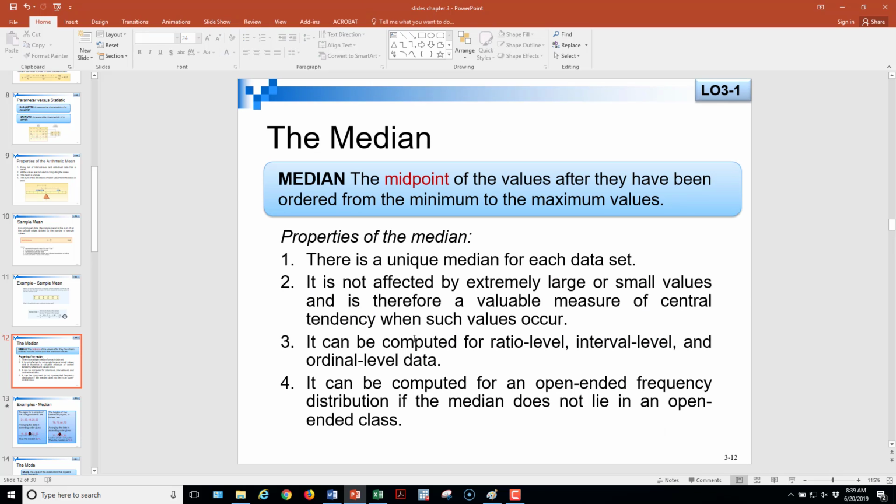And forget about the ratio level, interval level, ordinal level data. You can read that in chapter, I believe it's 1.